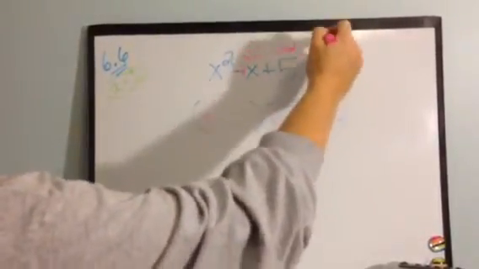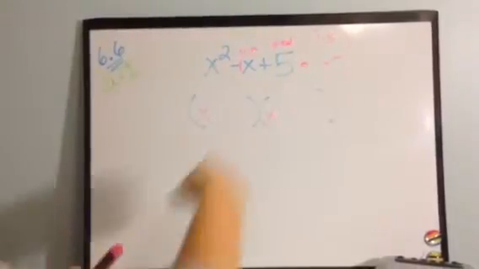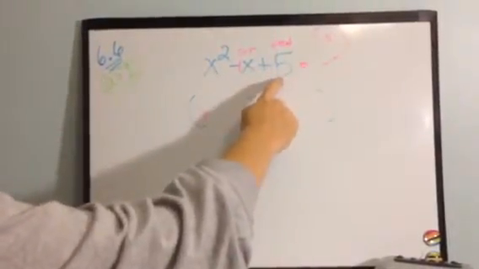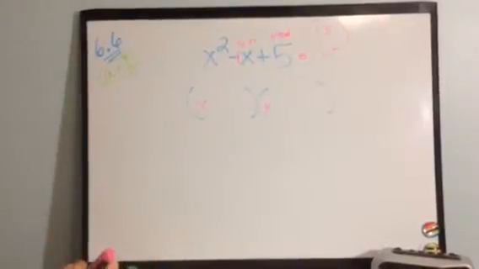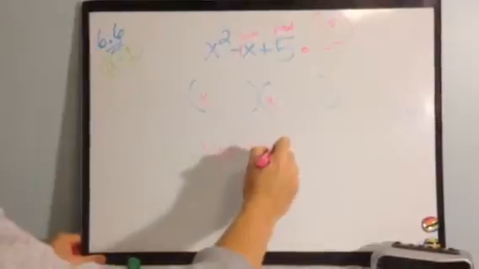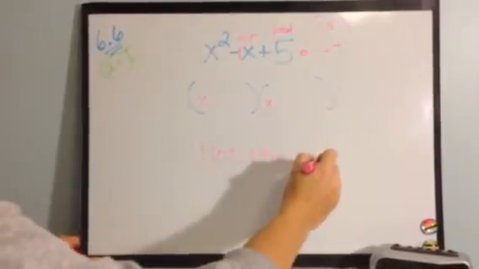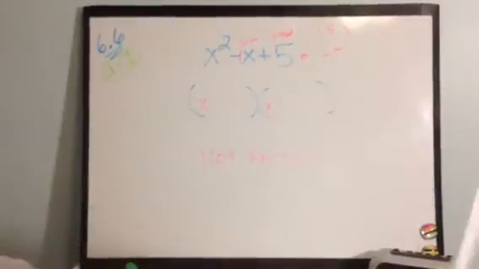So thinking about my factors of 5, they are 1 and 5, and that's it. So 1 times 5 gives me 5, but I can't add or subtract or manipulate 1 and 5 to get me down to a negative 1. There's no combination that I can use to get there. So this one cannot be factored. This is just not factorable. And you may run into some problems like that where you absolutely just can't factor it.